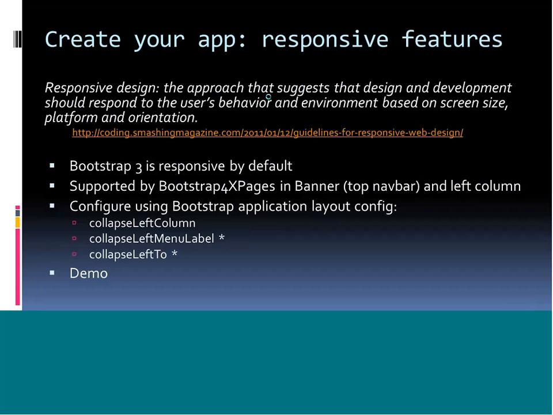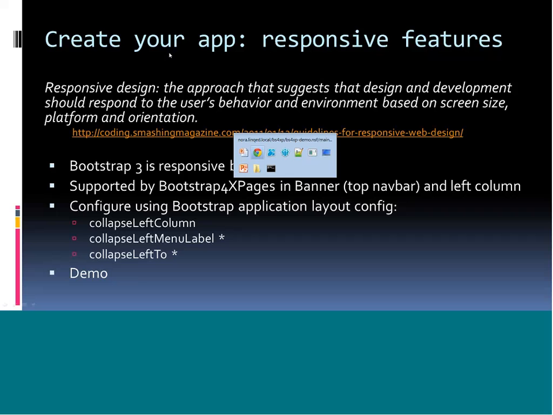The collapsed left column option is already available in the current release of the plugin, and the coming next release will also include the collapsed left menu label option, which allows you to set a label on the button, and the collapsed left 2 option that allows you to set the location where the plugin should render the button to show the left column menu. And I'll show you an example of this.